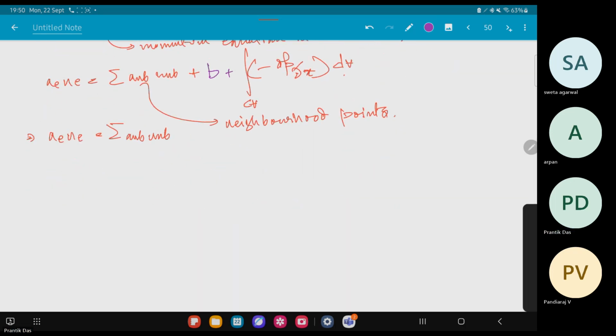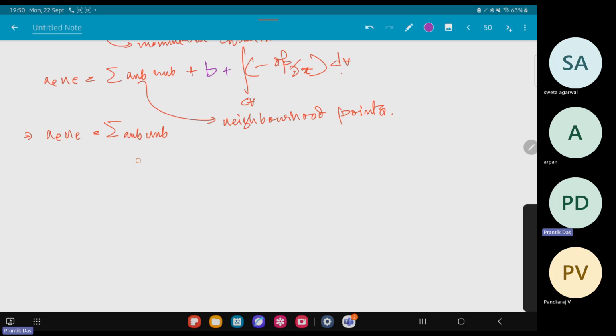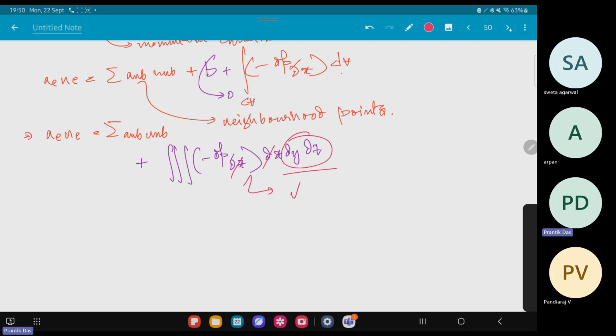Okay. So then plus B, I'm considering it to be 0 in my case. So this becomes minus dp/dx multiplied by dx dy dz. So this dx gets cancelled out, and dy and dz will form the area.